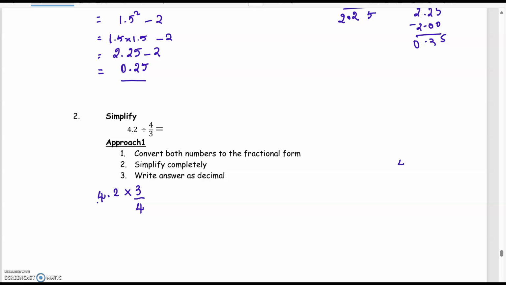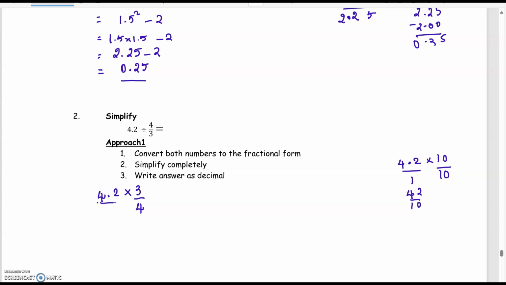So 4.2 over 1. I'm going to convert it to a fraction, so it'll be easier if both the numbers are fractions. That's just one way of doing it. If you're comfortable keeping the number as a decimal number, it's still okay. But we're going to multiply and divide by 10. So my goal is to get rid of the decimal point. So that becomes 42 over 10.